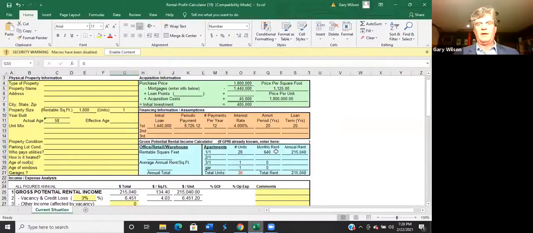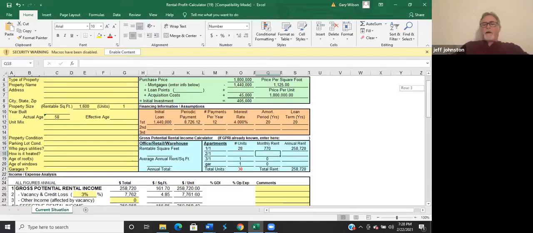So let's do that here. Let's say we're going to add 20%, which would be 120 plus 8, 128. Let's call it 130 more. That would be 770 per unit. Okay. And let's see what happens.